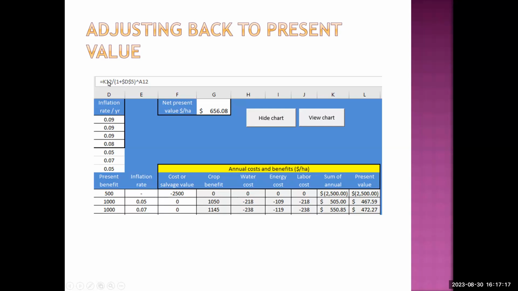For column L12, I take K12 divided by 1 plus the rate of return to the power of the year in column A. So everything is increased by inflation here, and then I discount it back to present value here.